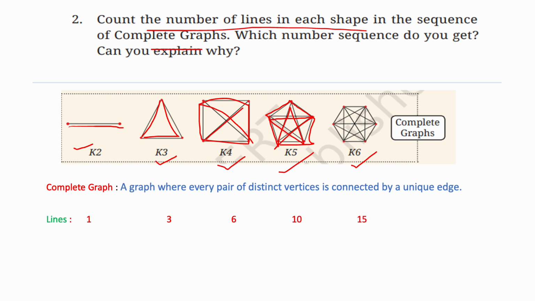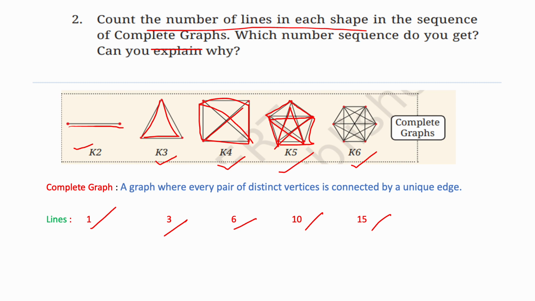So count the number of lines in each shape in the sequence of complete graphs. In the first complete graph, how many lines are there? 1. Then in the second one, 3 lines. In the third, K4, 6. Then in K5, 5 vertices and 10 lines. Then K6, 6 vertices and 15 lines.